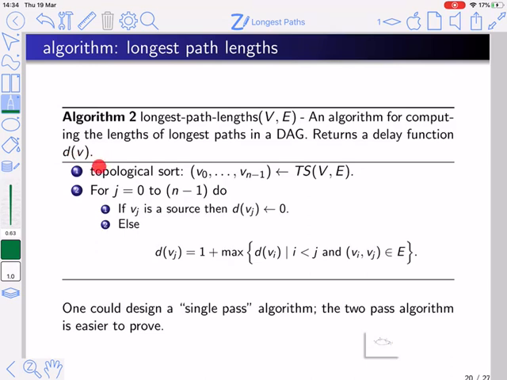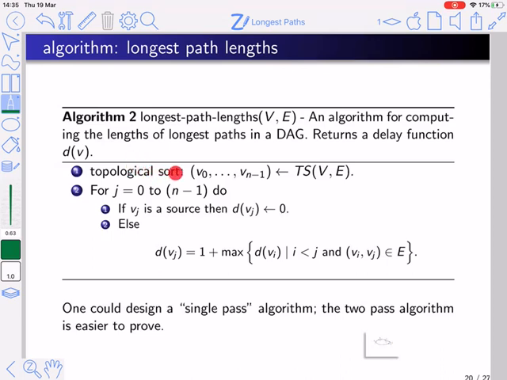The first step we do is we apply the topological sorting algorithm to the vertices to obtain an ordering of the vertices in the set V. This ordering is denoted by V0, V1 up to Vn minus 1. Okay, so V0 is the first vertex in the topological ordering, and Vn minus 1 is the last vertex in the topological ordering. And of course, n denotes the size of the set V.